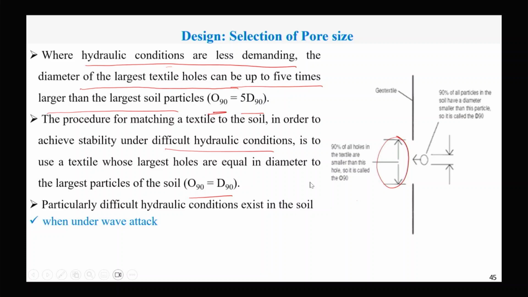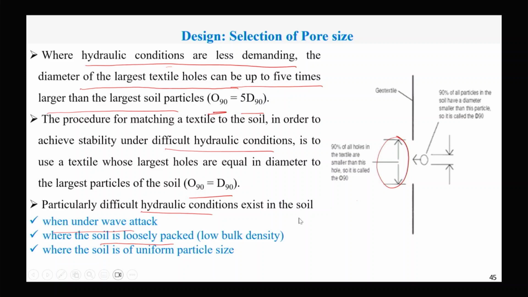Okay, so a difficult situation is under wave attack, where soil is loosely packed. So soil is not strong. In that case, soil loss chances are there, so we have to use the difficult hydraulic condition. And when soil is of uniform particle size, that's important.